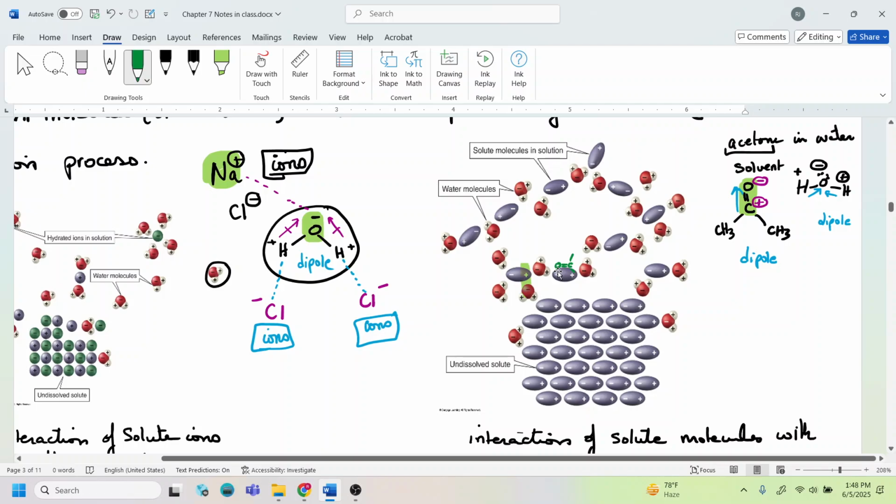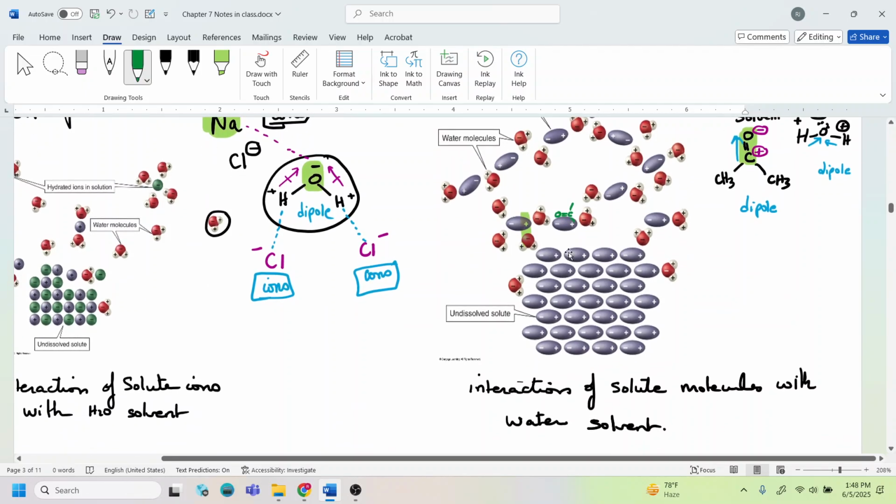And then the O of the acetone solute is going to interact with the hydrogen of the water, again by a dipole-dipole interaction. So this is the interaction of the solute molecules with the water solvent so that the water can go ahead and solvate the acetone.